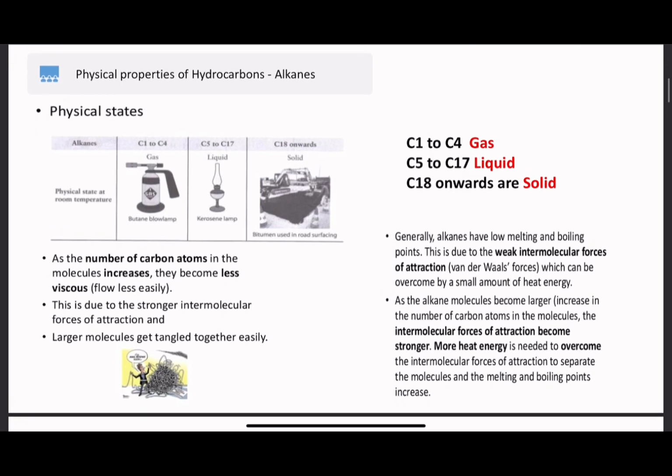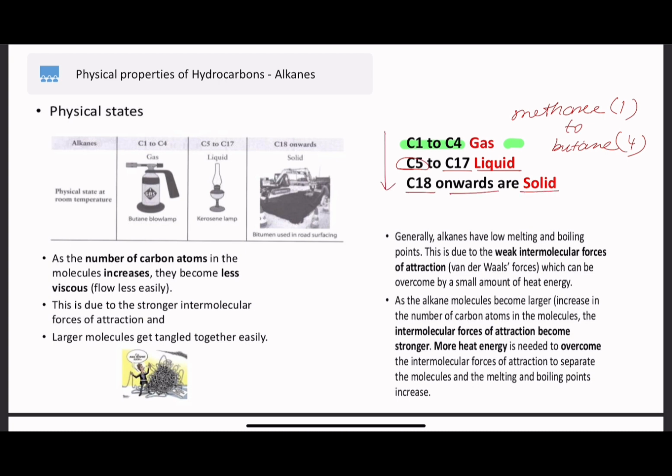So we have this rule of thumb that from carbon 1 to carbon 4, from methane to butane, we have a gas state, and from pentane, from C5 to C17, it is liquid, and C18 onwards are solid.